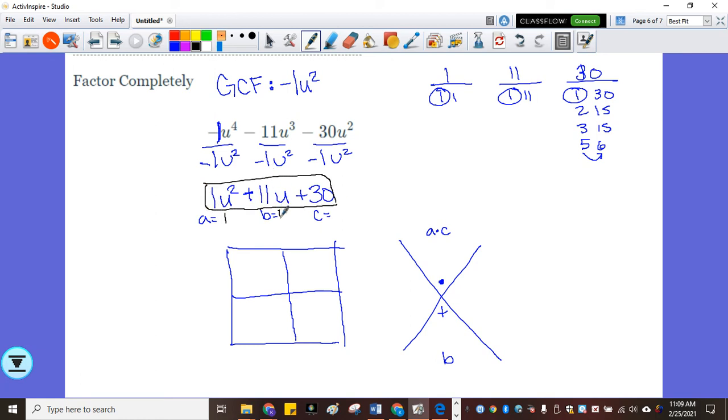A is 1. Yes. So 1 times 30 is 30. And what adds to 11?